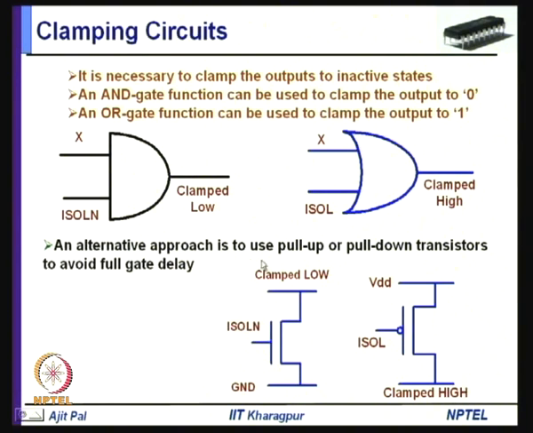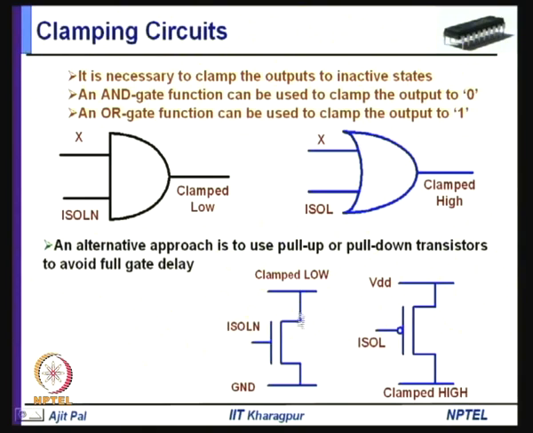An alternative approach is to use pull up and pull down transistors. So, instead of gates, you know that gates will have some delays. If you want to avoid these delays, you can use simpler hardware known as pull up and pull down transistors. Here you can see this is the isolation signal and a transistor is there. This signal is used here to control this output.